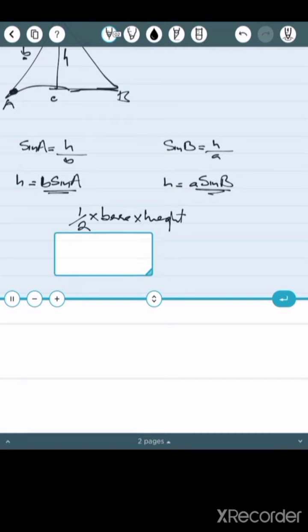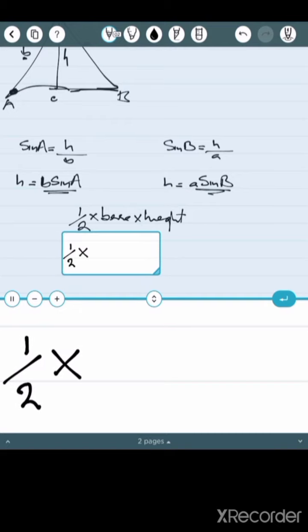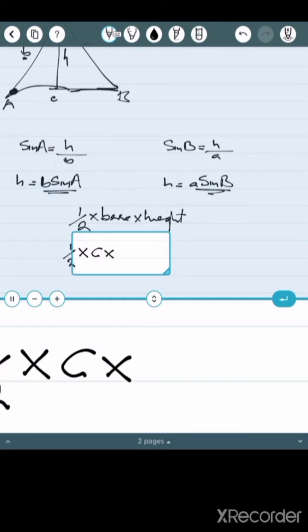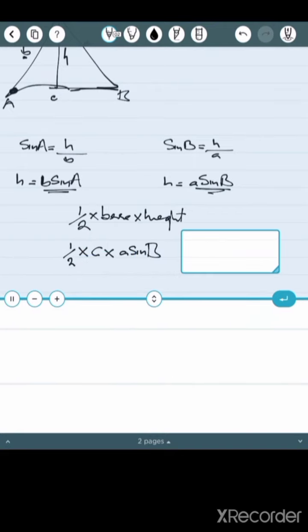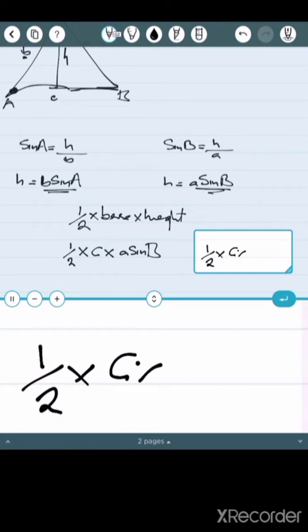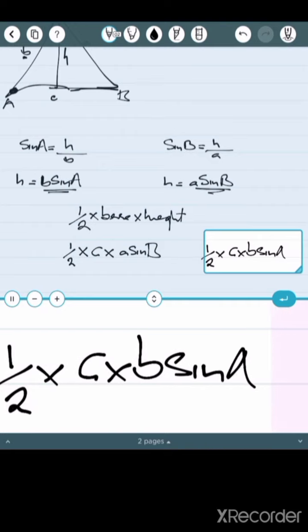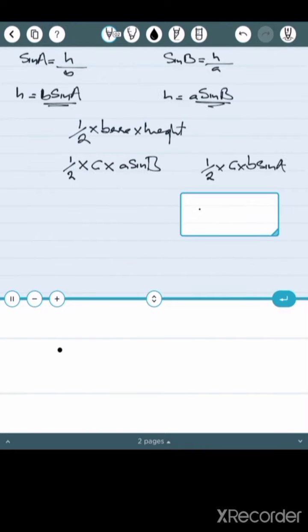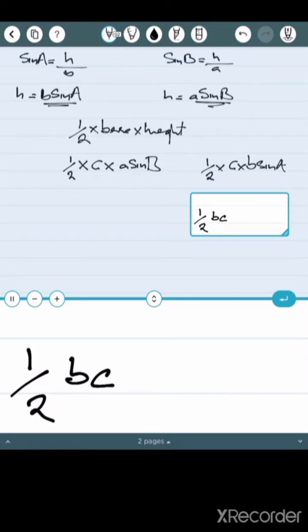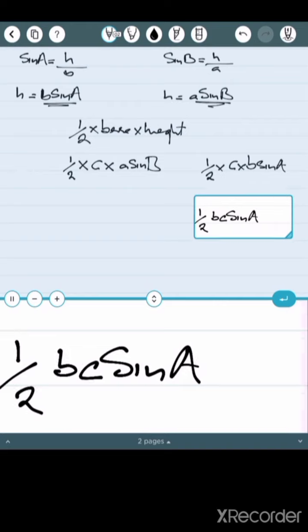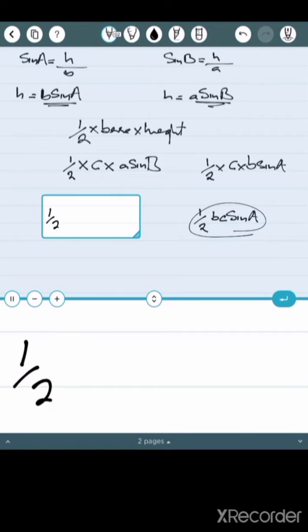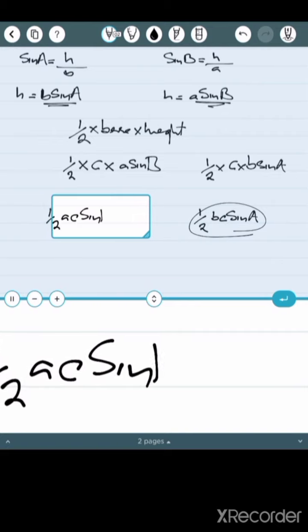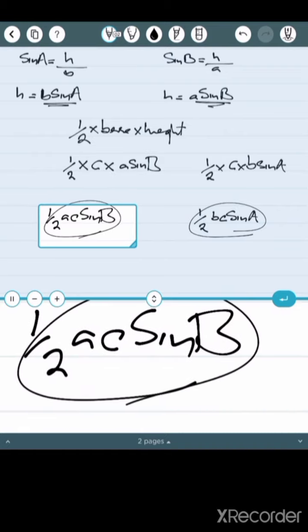So this will become half, the base is C, multiplied by height, which is A sine B, or if you want, you could choose the other height, which will still at the end of the day give you the same value, half multiplied by C multiplied by B sine A. So here it will turn into half BC sine A. So this could be used to find the area of that triangle, or we could also have half AC sine B. This can also give us the area of a triangle.